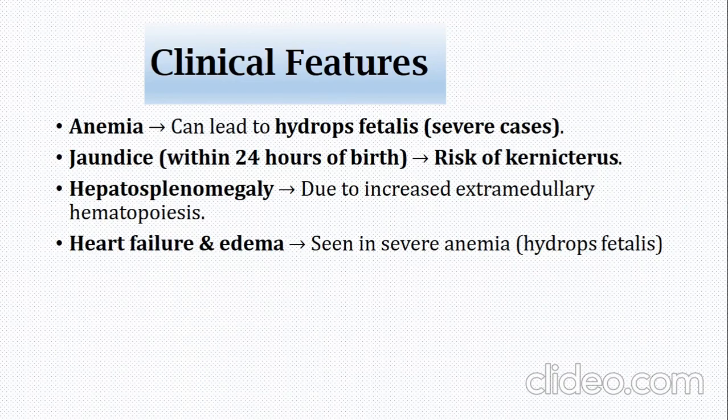It can also cause hepatosplenomegaly, of course, due to increased extramedullary hematopoiesis from the bone. It can also cause heart failure and edema, most seen in severe anemia, of course, for those with Erythroblastosis Fetalis.